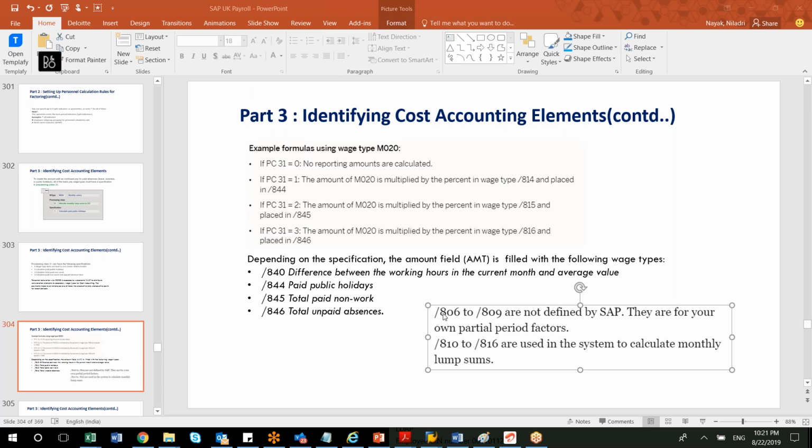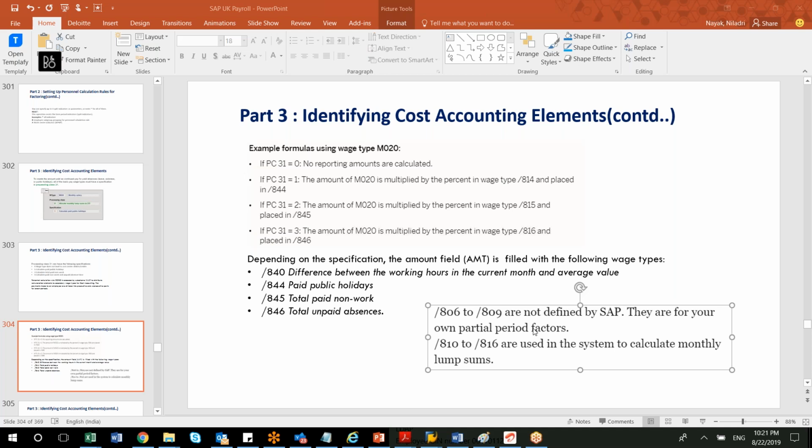There are some specifications inside those secondary wage types. /806 to /809 are actually not defined by SAP. Those are reserved for your own PPF, that is partial period factors, if the client has some typical calculation of their own for how this factoring will be calculated.